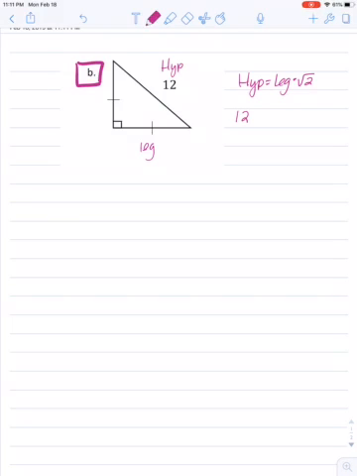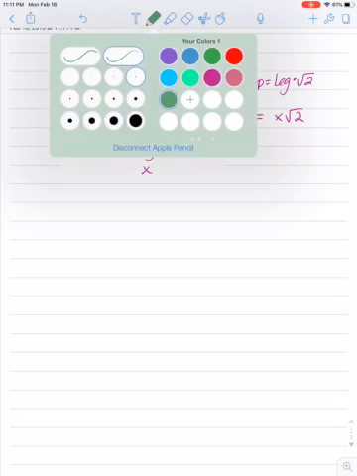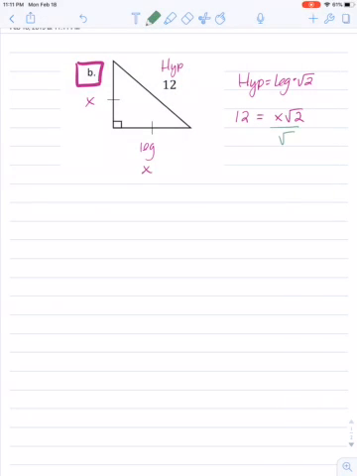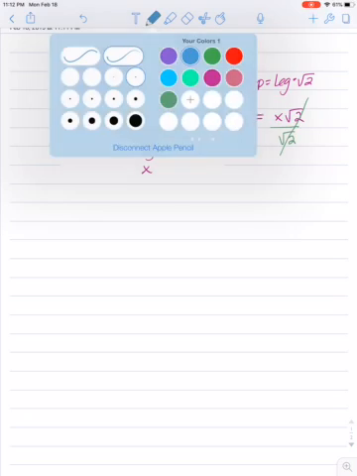We do know that the hypotenuse is 12. We don't know what the leg is, so let's go ahead and call that x. Keep in mind that both of these legs are the same. So this is x square root of 2. So how would you go about solving for x? Probably isolate the variable by dividing both sides by the square root of 2. And that cancels out. Cool?